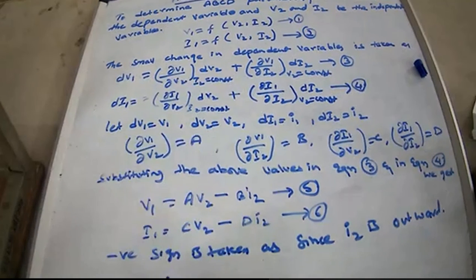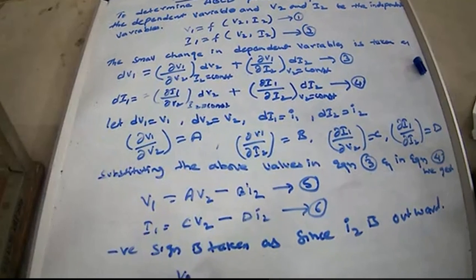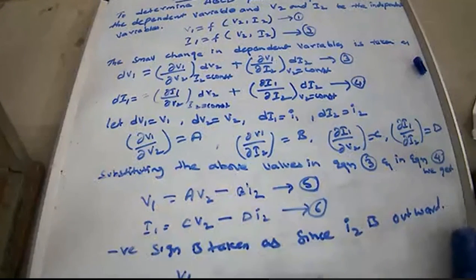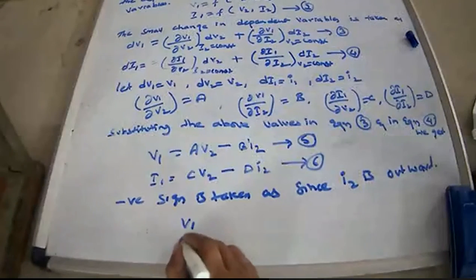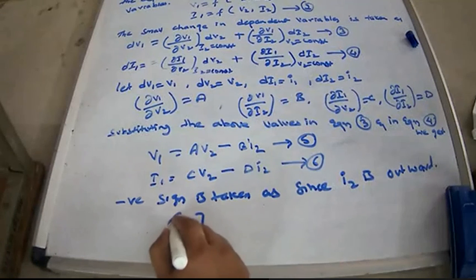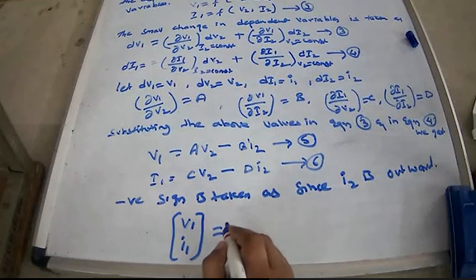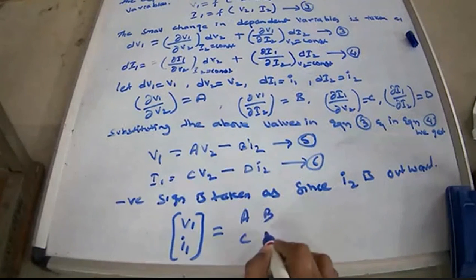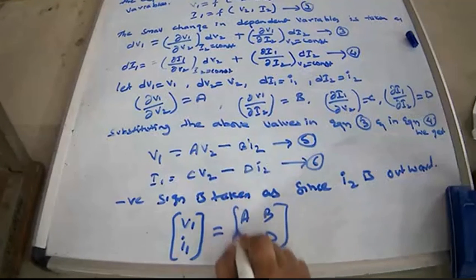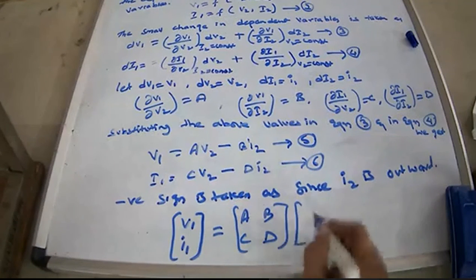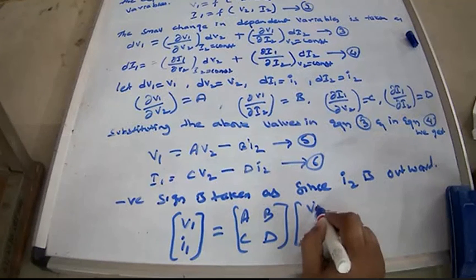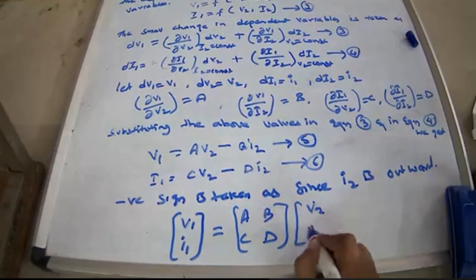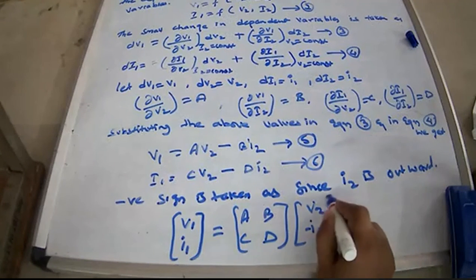So let's write these equations in the simplest matrix form as V1, I1 is equal to A, B, C, D, multiplied by V2 and minus I2.